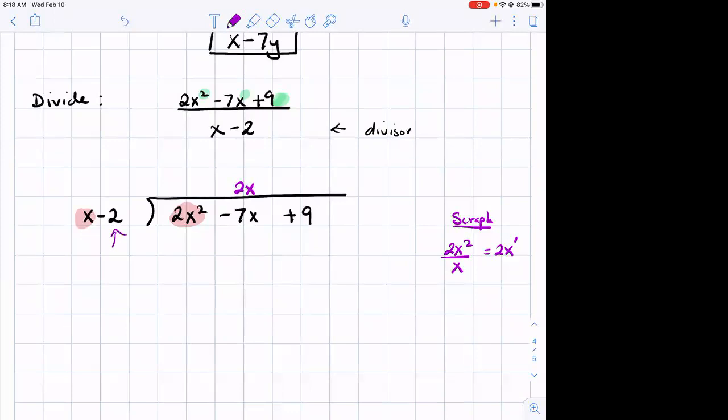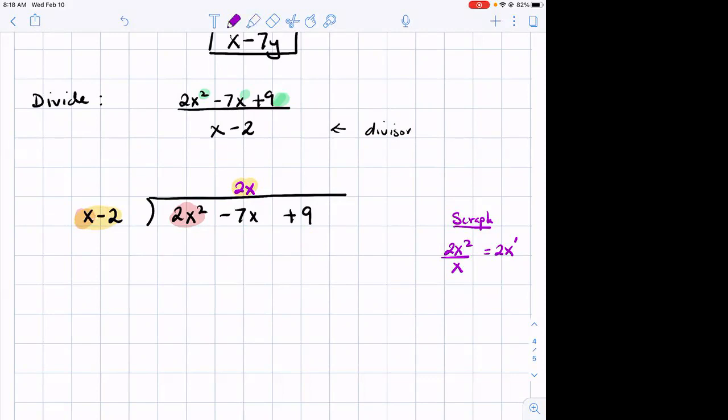Ignore the rest of the problem. Don't worry about it. It works itself into the problem. So ignore that minus 2, the minus 7x, and the plus 9. Now what I'll do is multiply this 2x by everything here.